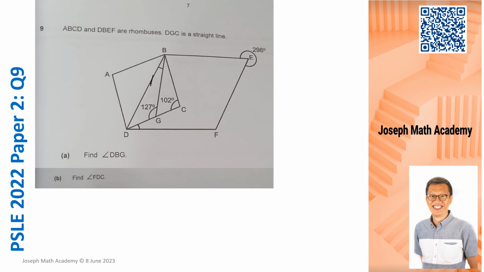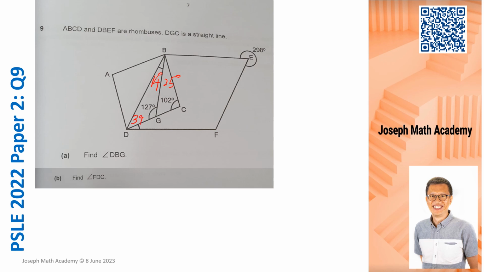I use a different color, red. This is 14 degrees, and this over here is our 25 degrees. In our earlier slide, we found this is 39.